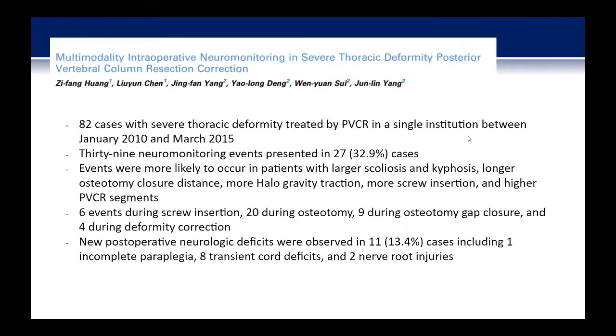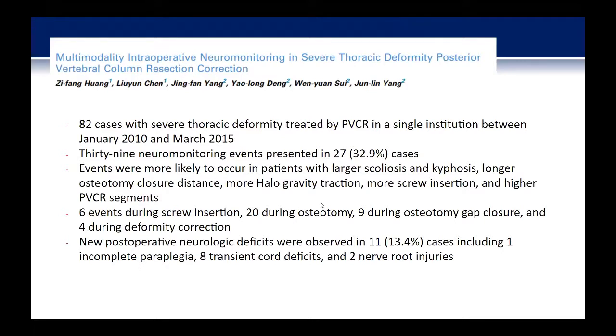This is a study looking at neuromonitoring in severe deformities that underwent posterior vertebral column resection. This is out of China, 82 cases with severe deformity at a single institution. 39 neuromonitoring events occurred, that was 32% of the cases.